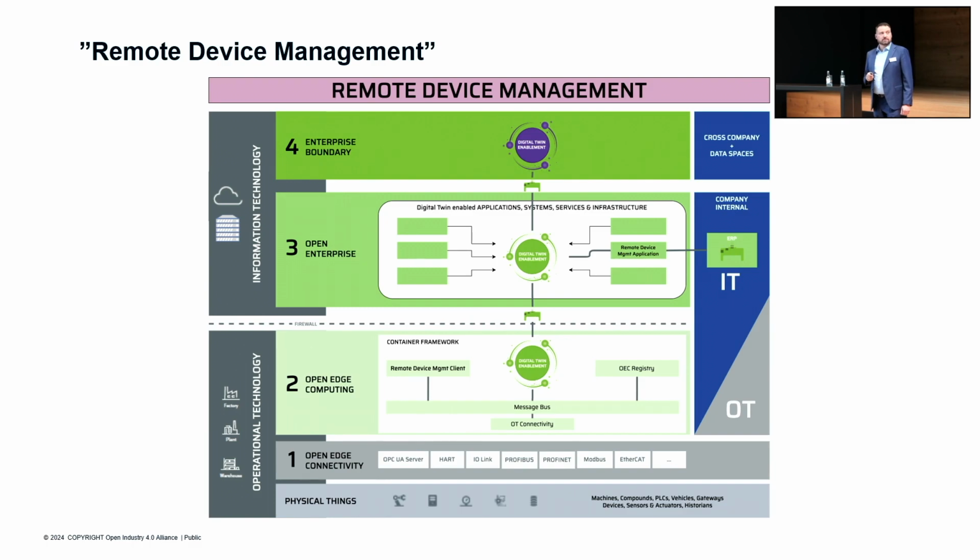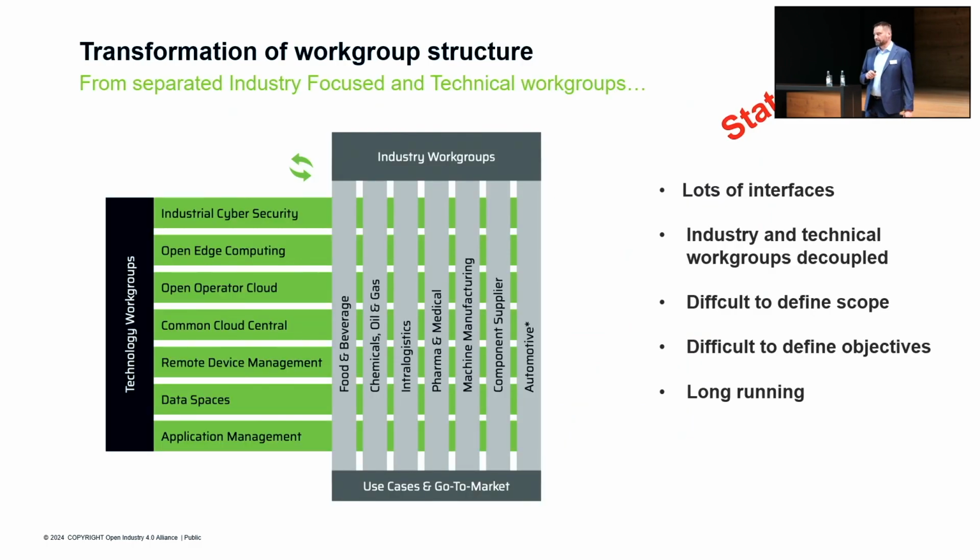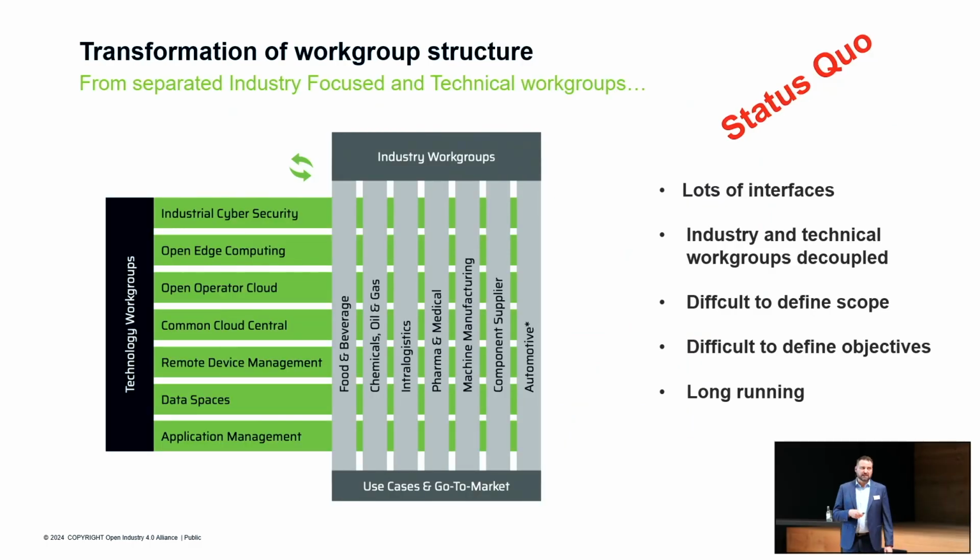And together with the reference architecture, of course, we thought about it and discussed it. It's not only our idea; also take it as a proposal, of course, to be discussed between all our OI4 members. We see that there is some need for a transformation of the work group structure. So this is the current work group structure. We have lots of interfaces.